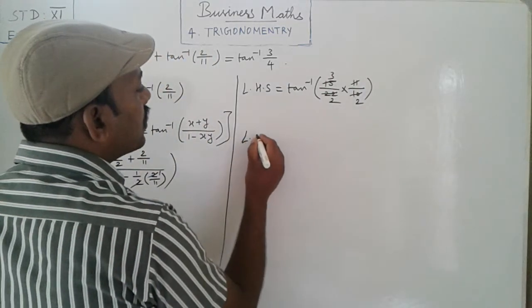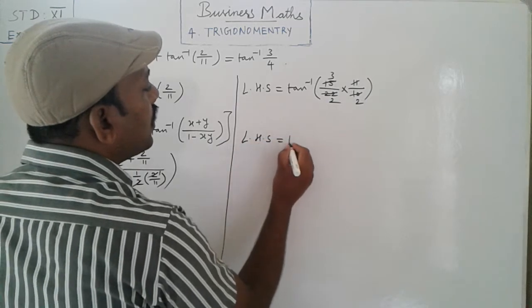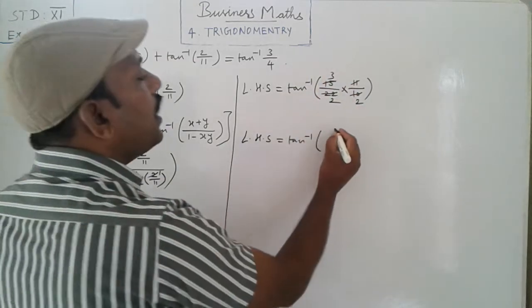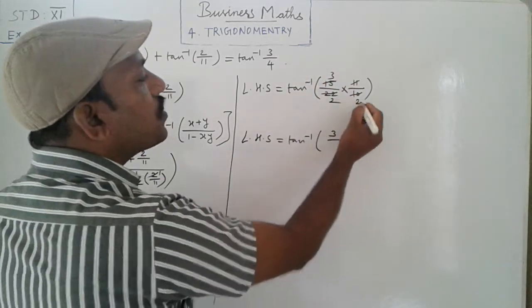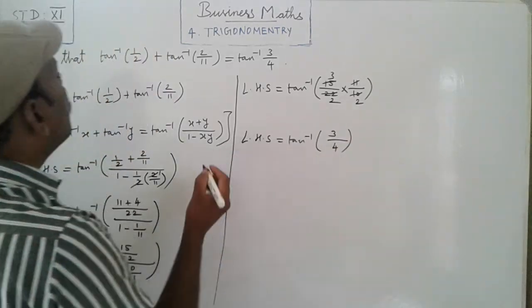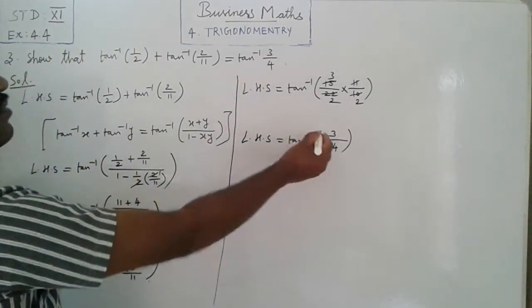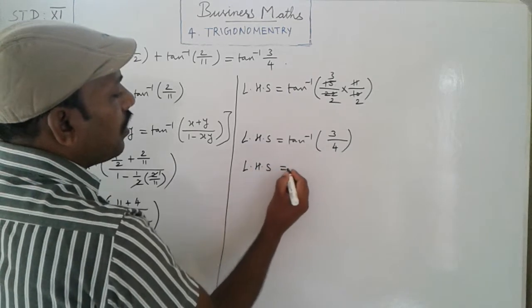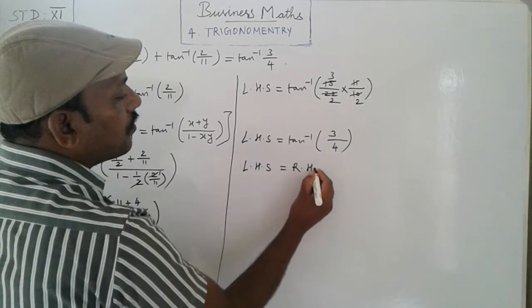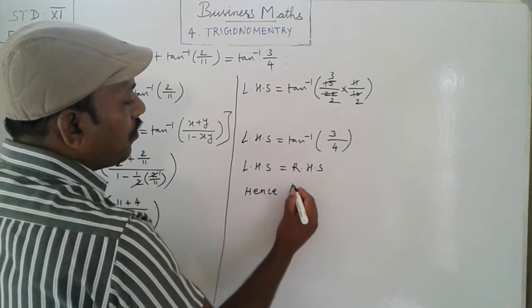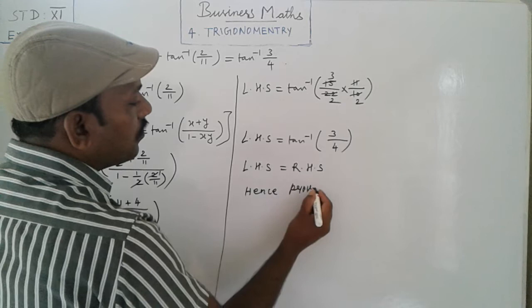So LHS equals tan inverse 3 divided by 2 2s are 4. So 3 by 4. So we proved tan inverse 3 by 4. So LHS equals RHS. Hence proved.